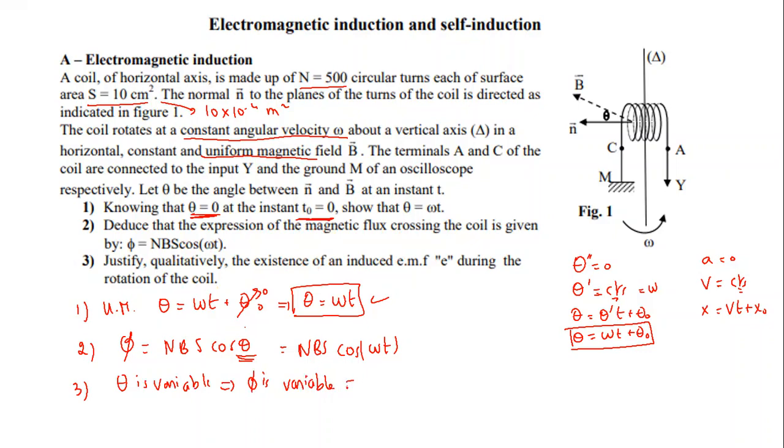And if phi is variable, then the electromagnetic induction phenomenon exists, which means that we have an induced electromotive force. So this is the explanation.